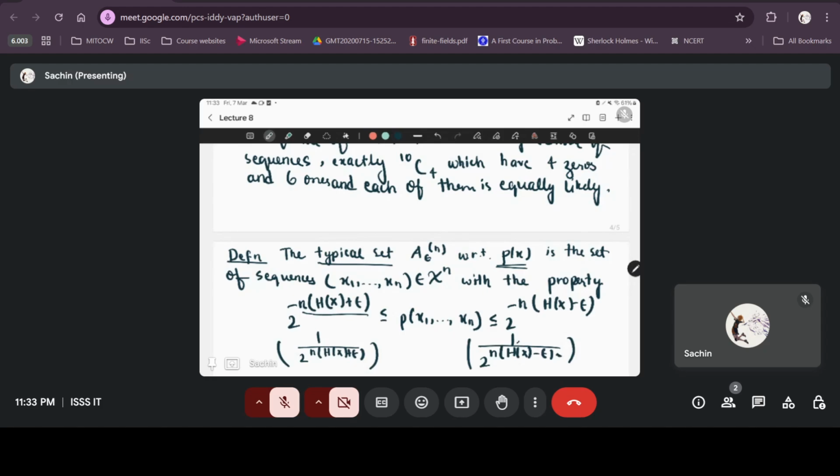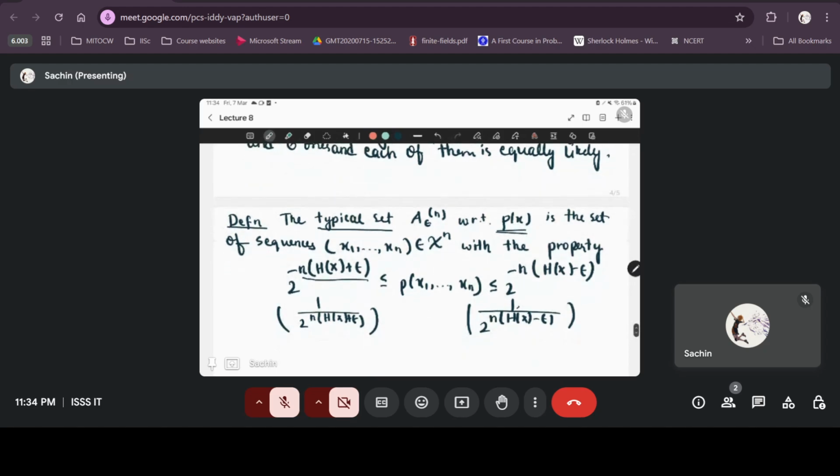So this quantity is smaller than this quantity. Therefore, this entire denominator is smaller than this denominator. Therefore, the reciprocal, this entire thing is larger. So h of x minus epsilon shows up in the upper bound and h of x plus epsilon shows up in the lower bound.